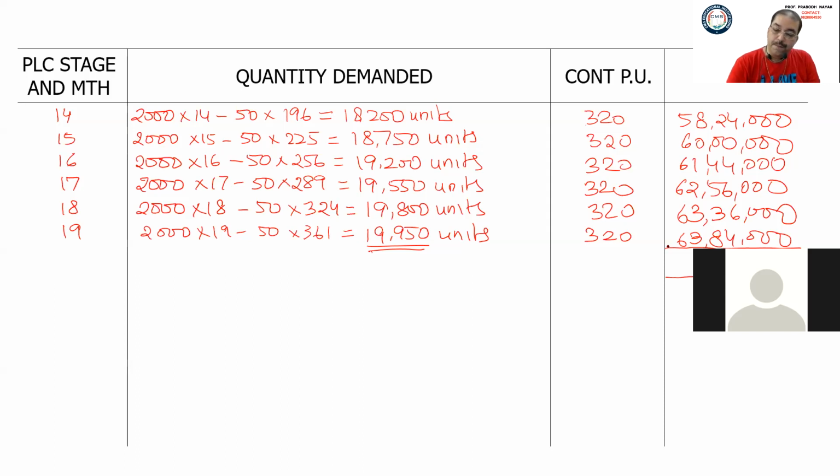Total comes to 7 crore 96 lakhs. Just check. Sorry, 7 crore 96,000. 7 crore 96,000.